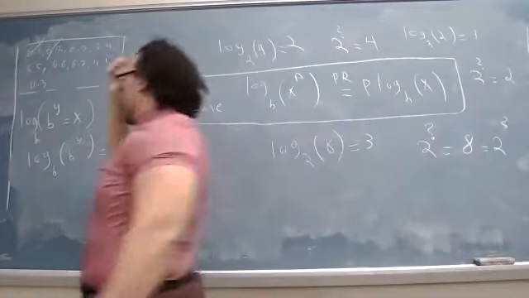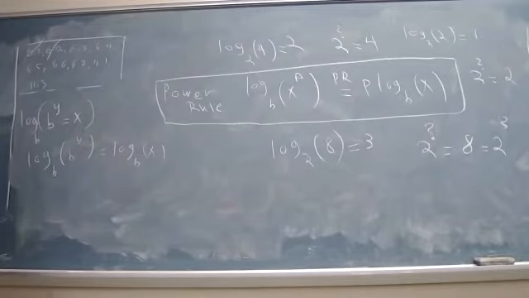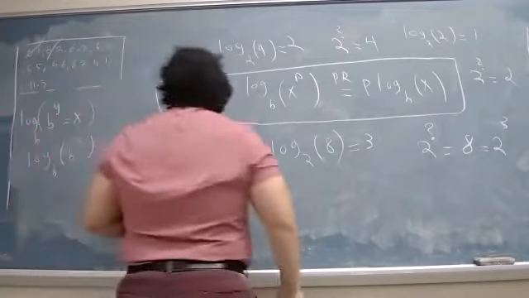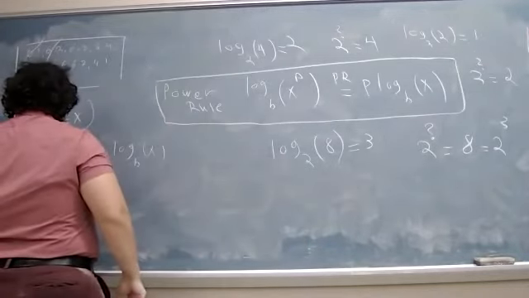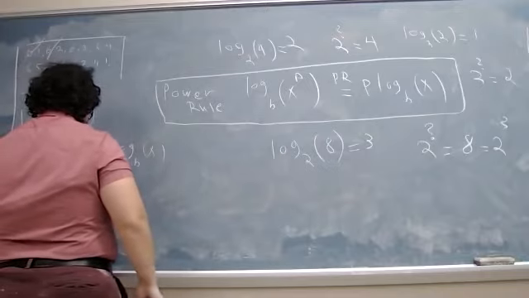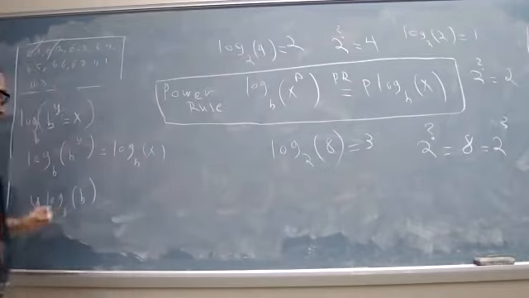So that allows us to segue to this argument here. Log base b of b to the y should equal log base b of x. And I claim that now when we use the power rule, we bring this y over here, so this becomes log base b of b, right?